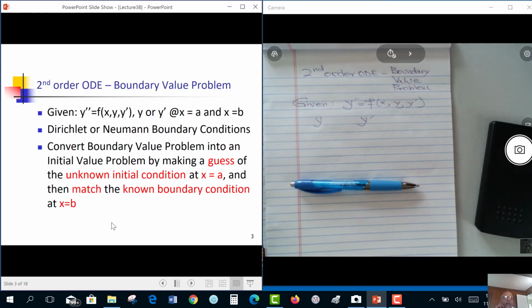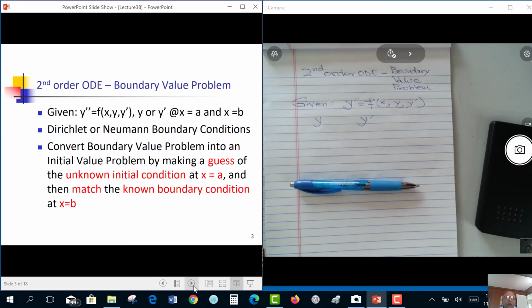And there are various combinations we can also have. These kinds of boundary conditions are called Dirichlet or Neumann boundary conditions. So what we are going to do is convert the boundary value problem into an initial value problem by making a guess about whatever initial condition we are not given at x is equal to a, and then match the known boundary condition that we are given at x is equal to b.